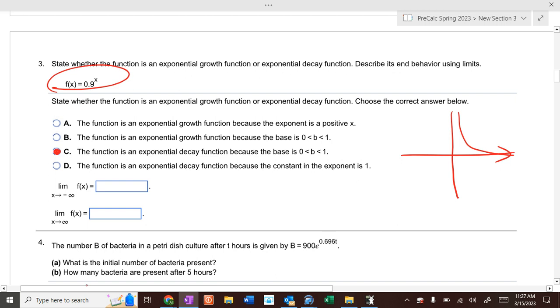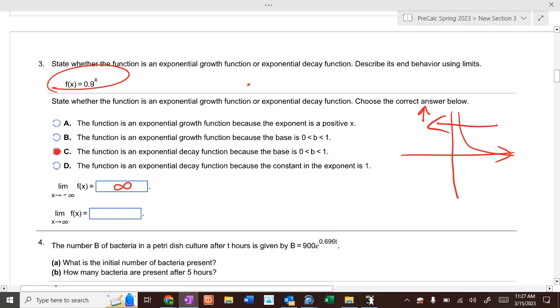So as we get closer to negative infinity, where is it going? Up to infinity. Okay? Going up to infinity.